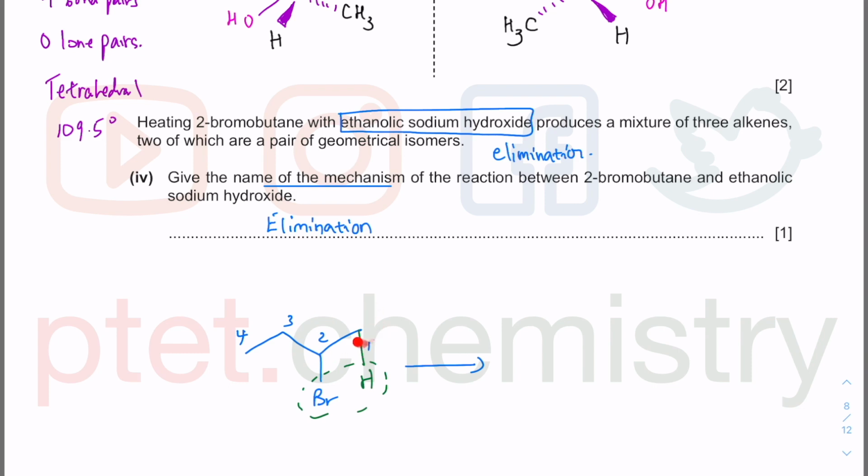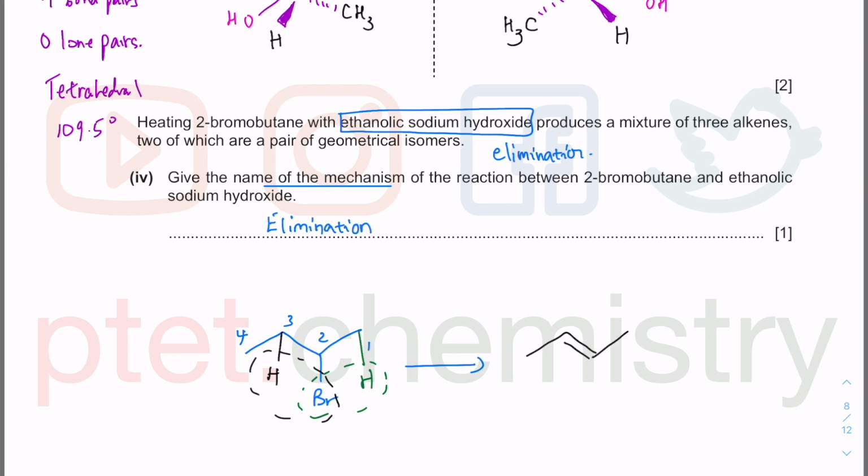So this is a CH3 hydrogen. It's different from this adjacent carbon number 3 here, because that would be a CH2 hydrogen. The black color one is different from the green color one, because there's only 2 hydrogens here and 3 hydrogens there. 2 and 3 are not the same.